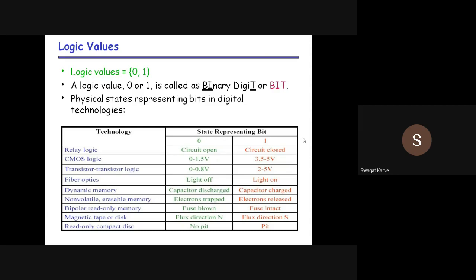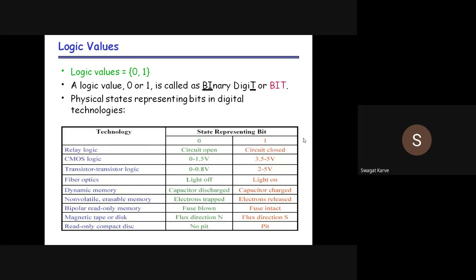There is no third logic. So logic 0 or 1 is called a binary digit, or bit. That means a single bit, either 0 or 1.